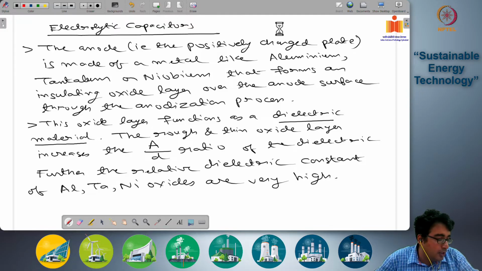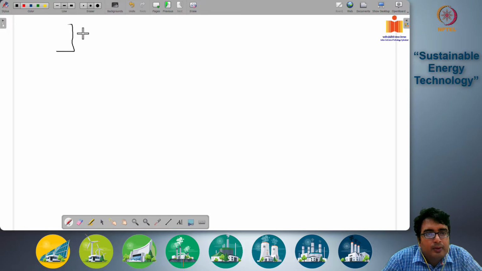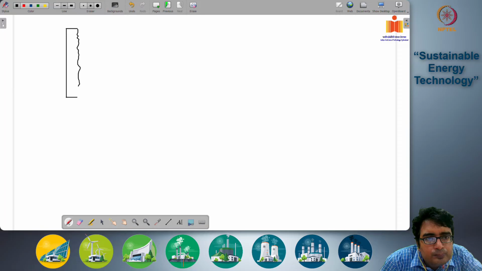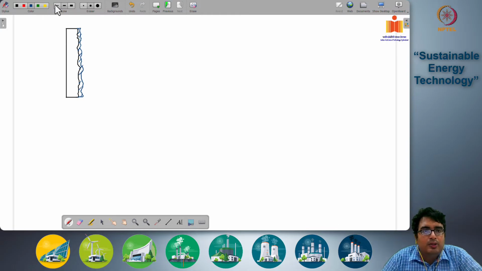So, let's look at the structure of what I am talking about. So, here we have the anode material.